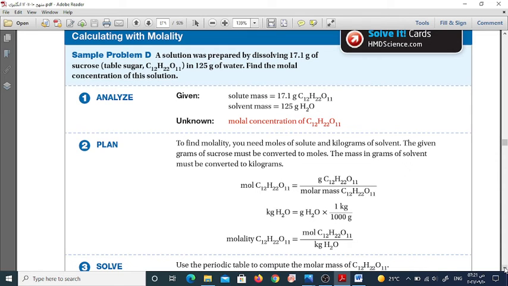Okay, again the known is the solute mass, which is sucrose mass, 17.1 gram, and the solvent mass, which is 125 gram of H2O. The unknown is the molal concentration of C12H22O11, which is sucrose.